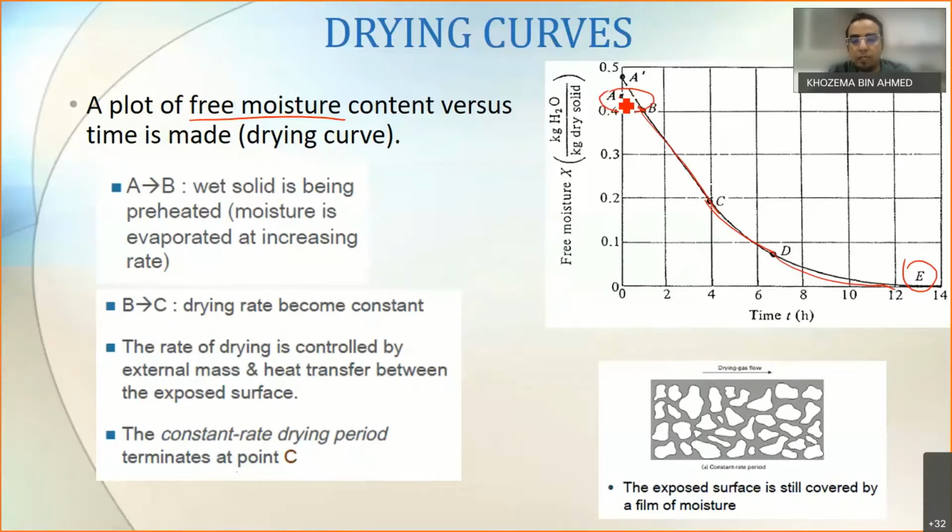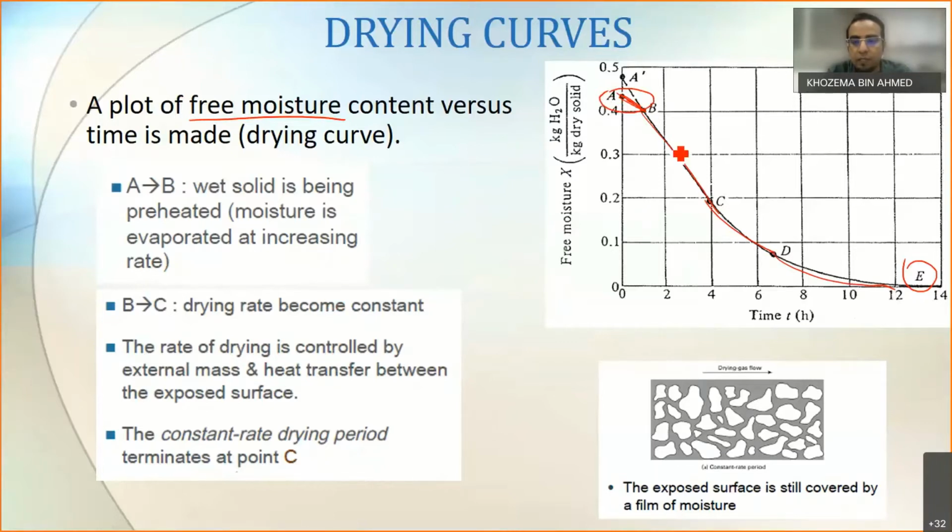When you start, the temperature is not steady yet, and the humidity is not steady yet. This is what we call a preheat condition.